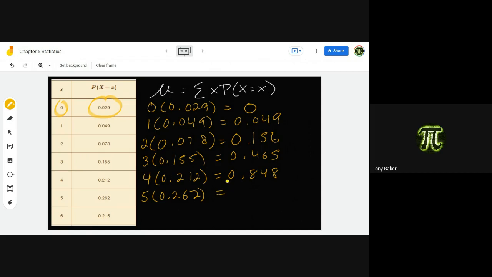Notice, yes, it's a bunch of multiplication, but it literally is just multiplication. 1.310, and then 6 times 0.215 is 1.29.